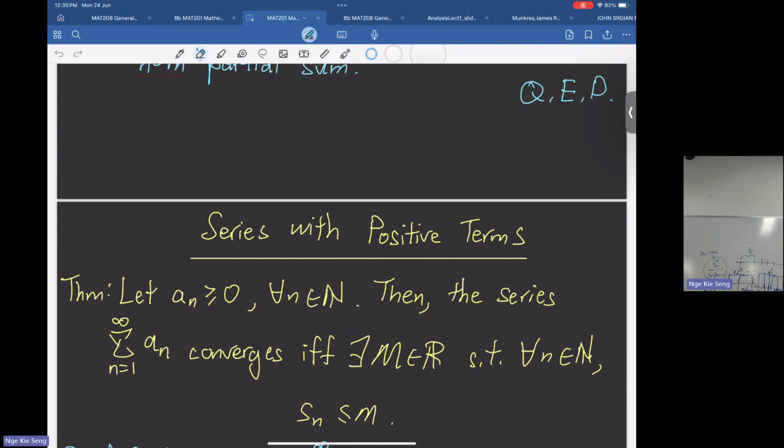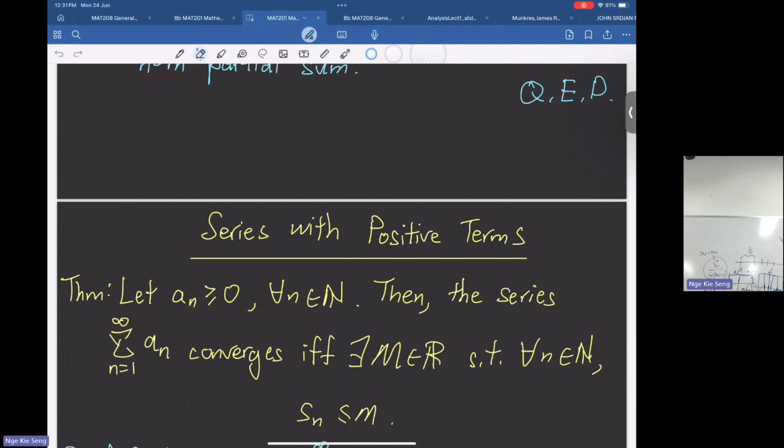Is it true that this inequality holds? True, right? This is a number M. You take the infinite sum to bound all your sequence. Does it make sense?